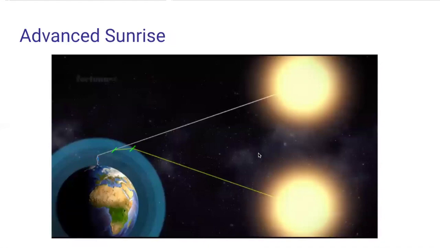Let me show you. Now what happens because of this is, in the atmosphere also there will be different layers of air which are at different temperatures. Here on the ground it will be very hot initially, but towards the end it will be cold. What will happen is, because of this, we feel that the sun has risen even before the sun has actually risen.